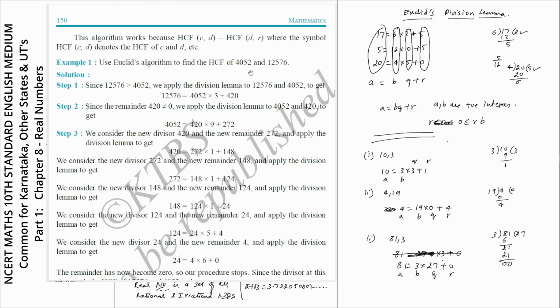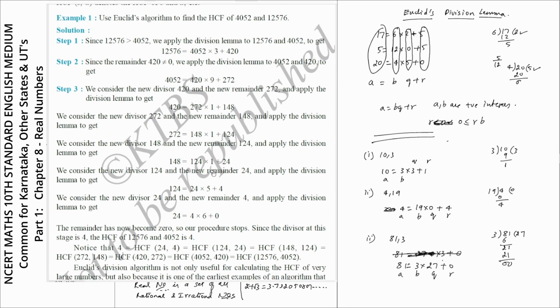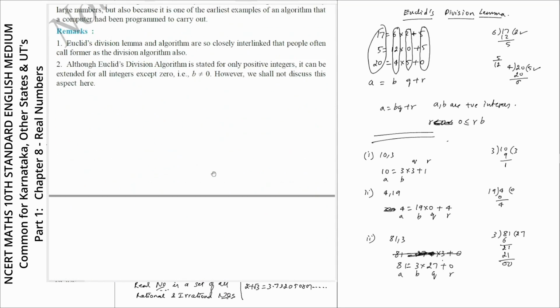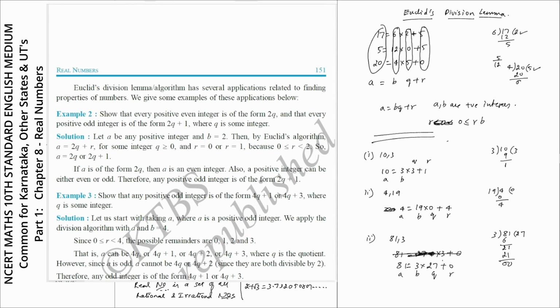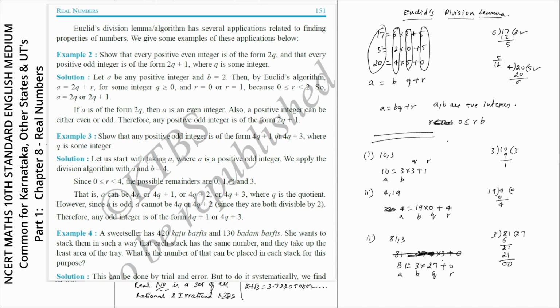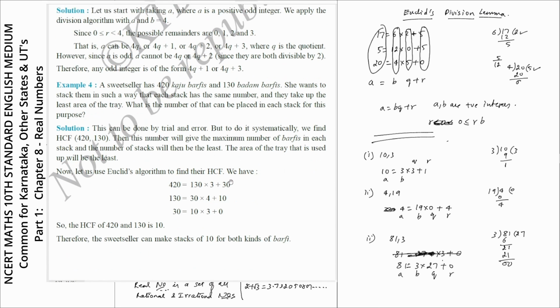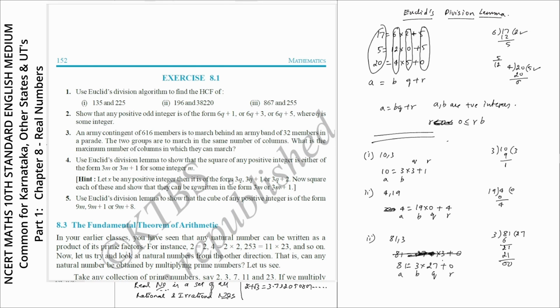See, finding the HCF of small numbers is easy, but if there are big numbers like this, then we'll use Euclid's division lemma and find the HCF. So go through the procedure. All are easy, all are self-explanatory. There is another example here. Just go through it. All are self-explanatory, and there are similar problems in the exercise. So let us solve the exercise problem.